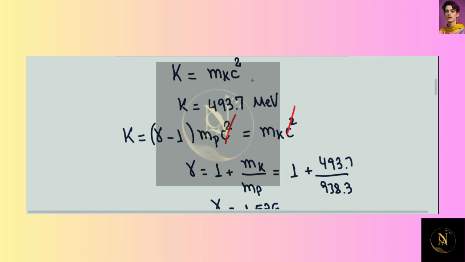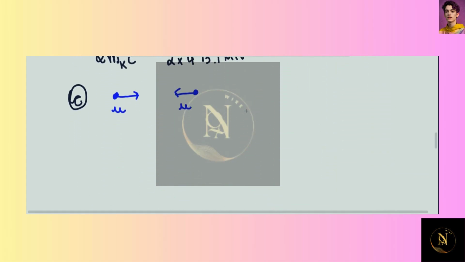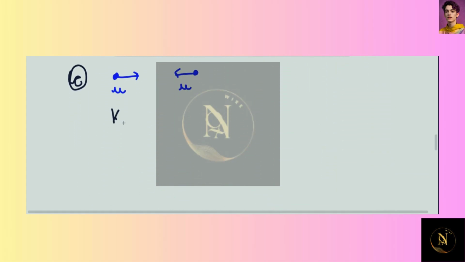And the kinetic energy we found for each proton is 493.7 megaelectron volts. It's right here. So the total kinetic energy for the two protons is 2 times the kinetic energy of a single proton. So that's 2 times 493.7 megaelectron volts.